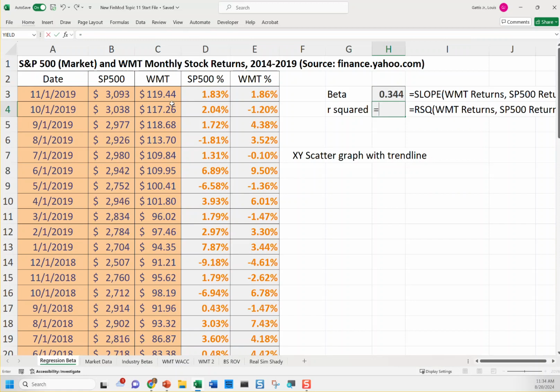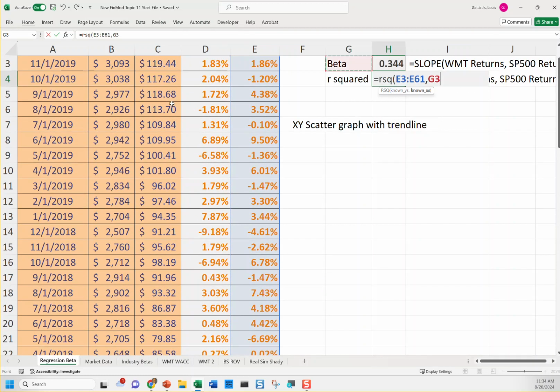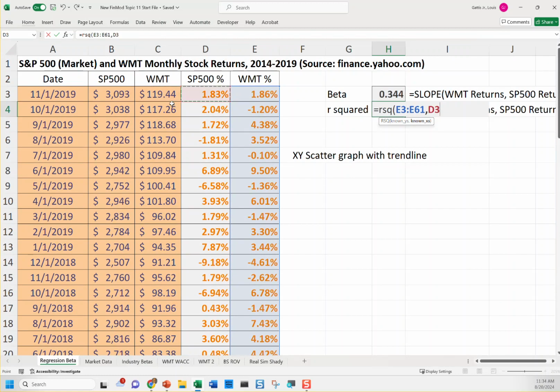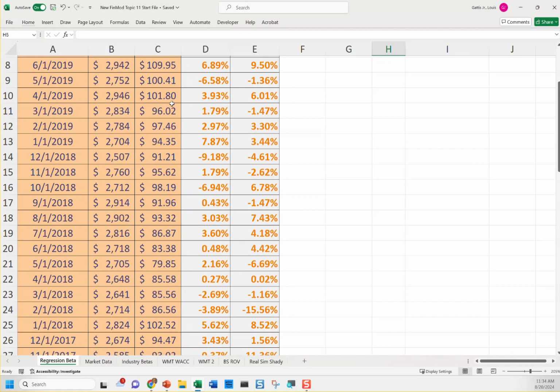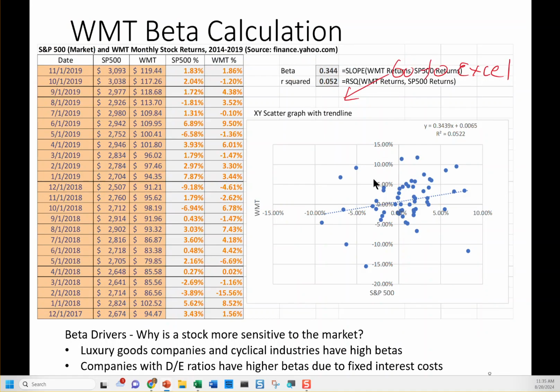If I wanted to get the R squared of that regression, I would do RSQ, put Walmart's returns, I'm doing Control-Shift-Enter to get the whole series, comma, S&P 500, Control-Shift-Enter, and I got the R squared. So I got a slope of 0.34, that's my beta, and an R squared of 0.05. Now, why is that R squared so low? Well, look at the data.